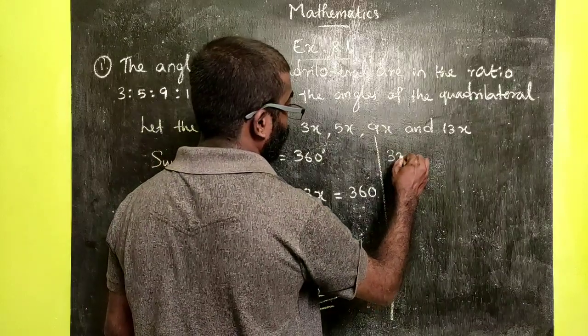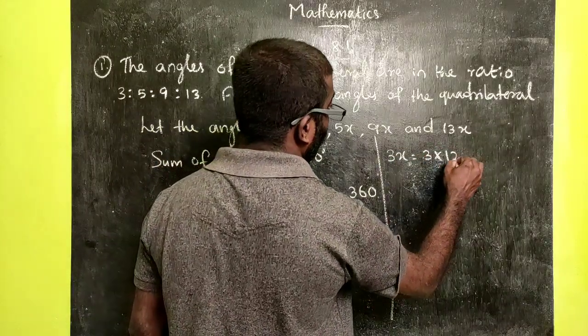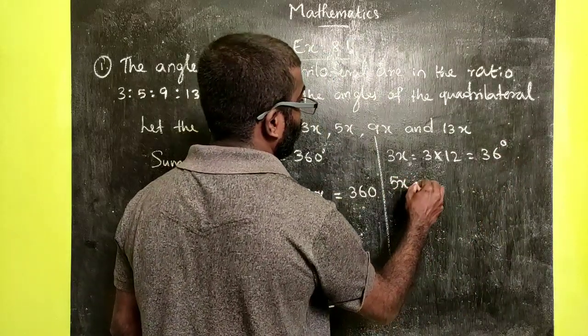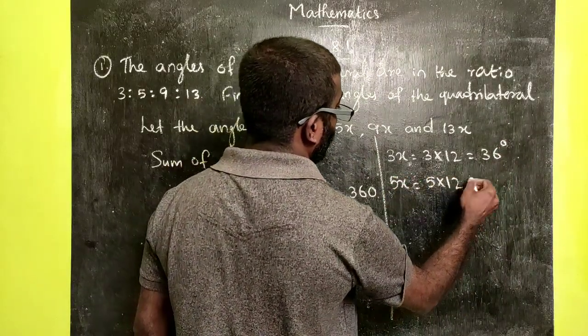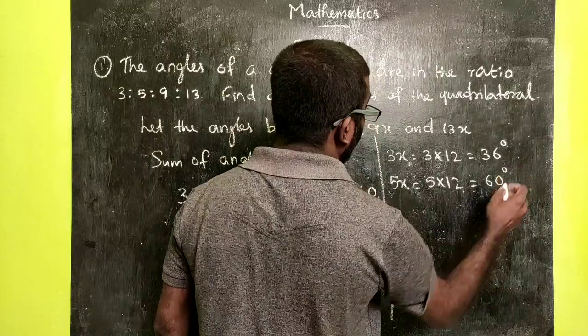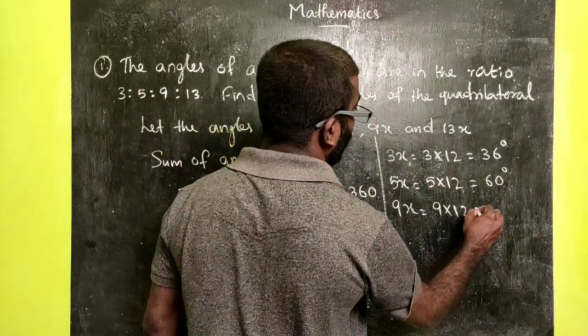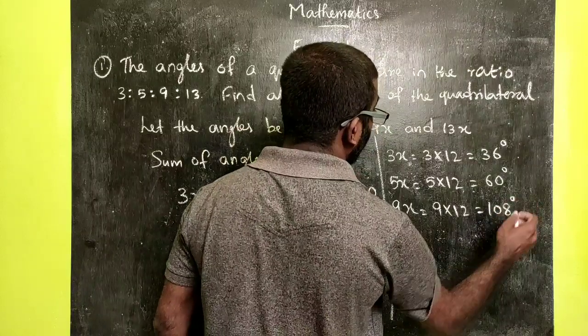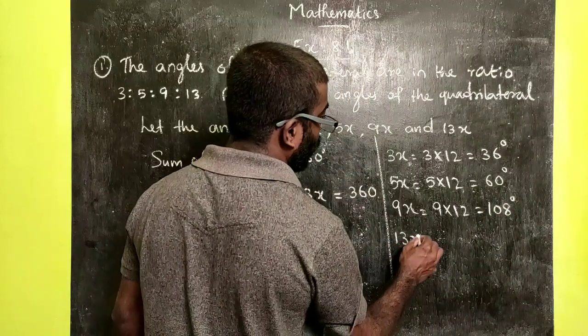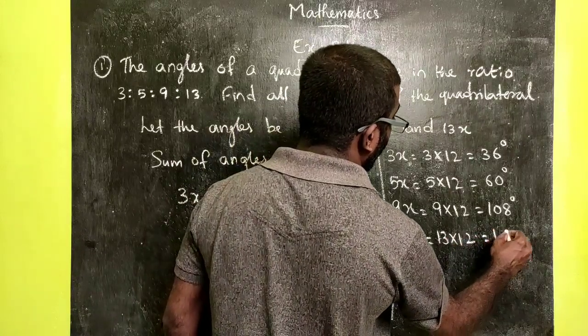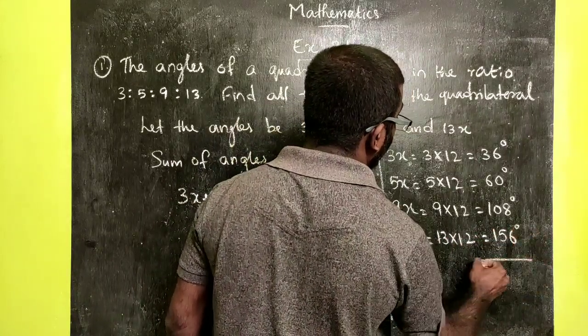X is 12, so we can find the angles one by one. First one is 3x, so 3x is equal to 3 into 12, 36 degree. Then 5x, 5 into 12, which gives 60 degree. Then 9x, 9 into 12, which gives 108 degree. Then last one 13x, 13 into 12, which gives 156 degree.